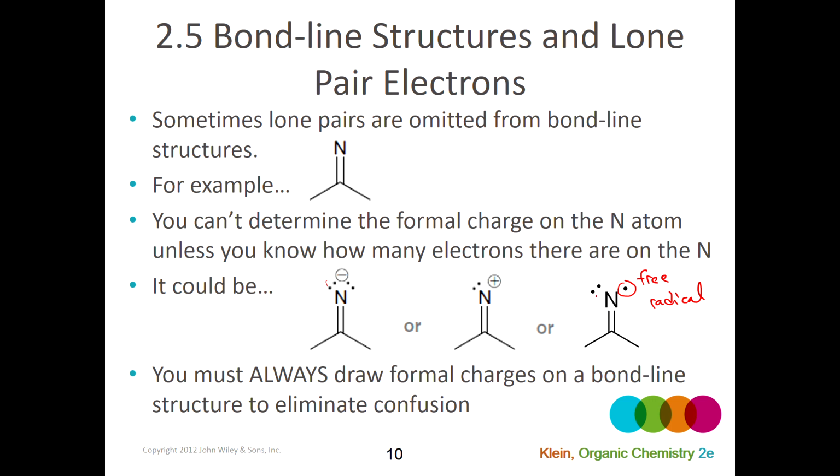So I've got 2, 4, 6, 7. 7 total electrons is not a noble gas configuration. And so that's also going to be unstable. But it's important to draw in all the electrons that are not shared and any charges that exist to be clear when you're communicating about the structure.